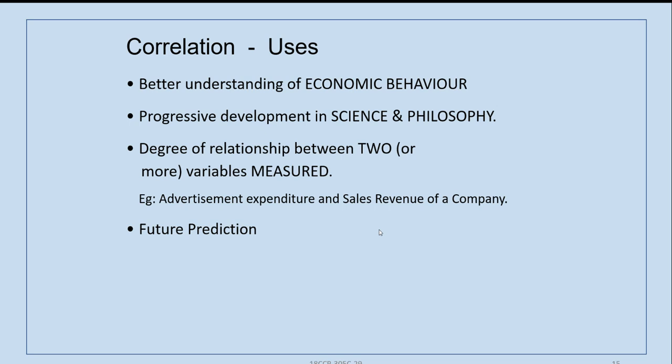And future prediction also is possible with the help of correlation. That means sales projection for future, good monsoons and better food supply. For example, if there is a rise in advertisement, there is a rise in sales, then in the next year, what we can say, if you still increase advertisement, then there will be an increase in sales.